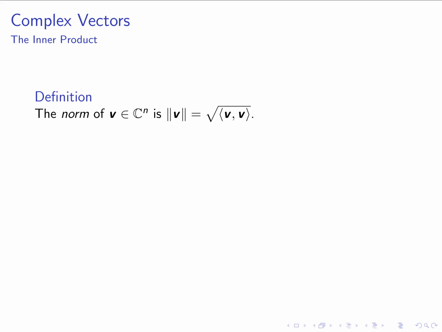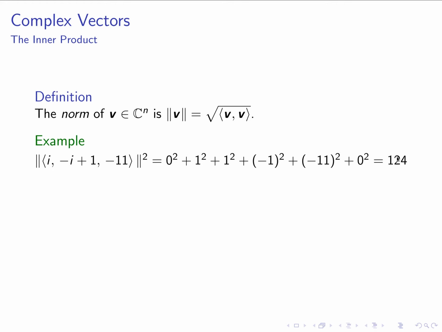So for example, to calculate the norm of the vector i, negative i plus 1, negative 11, and let's maybe just go ahead and square this norm, what we're doing is going to each individual coordinate and summing the squares of the real part and the imaginary part. For the first coordinate of this vector, the real part is 0 and the imaginary part is 1. So for the first part of this calculation, we take 0 squared plus 1 squared.